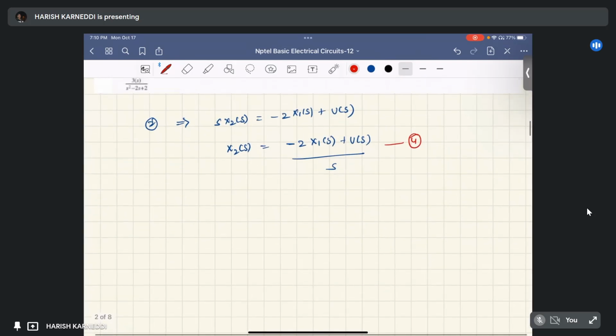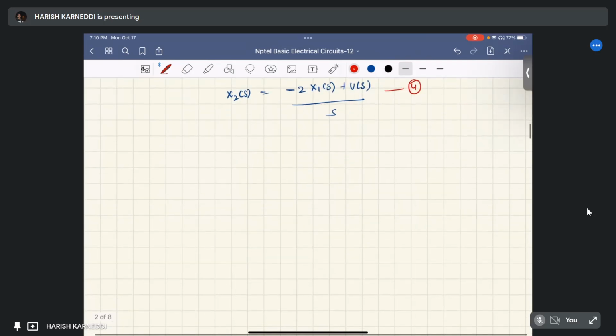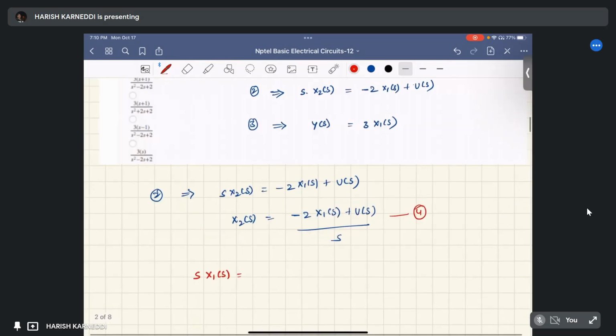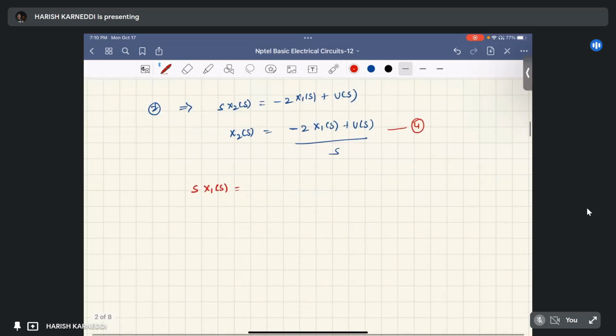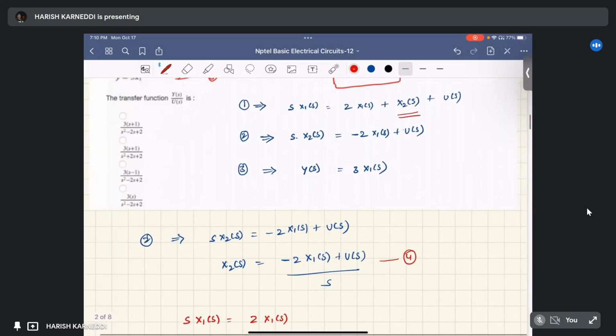So equation 1 will become s into x1 of s equal to 2 x1 of s plus x2 of s.